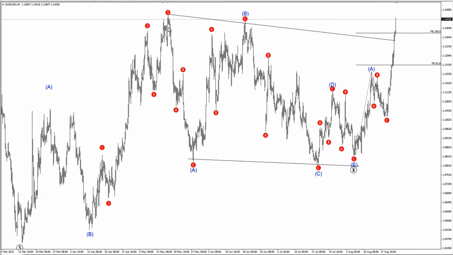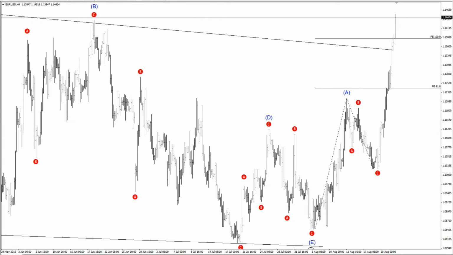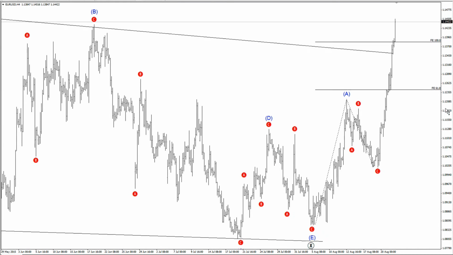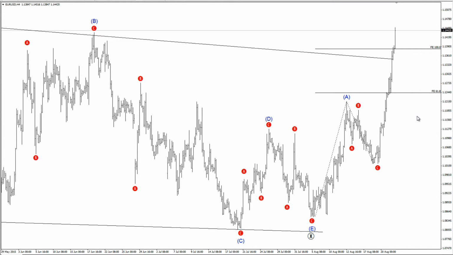So those are the key levels in Euro-USD to look for if this powerful up move is going to pause at some point and make a corrective phase.